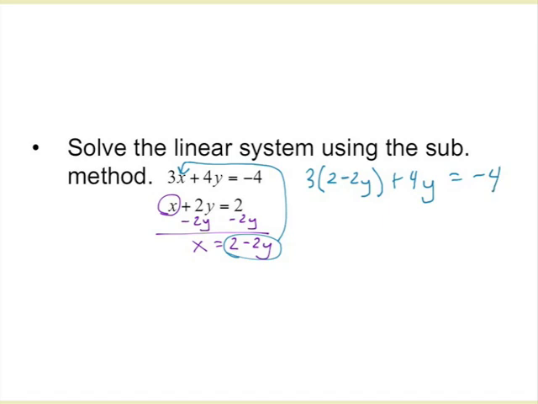So we use the equation that we haven't used yet and replace the letter that we got all alone with what we found that it is. Then you should only have one letter left, so now we can solve this equation as normal. We're going to distribute the 3. Combine our like terms.